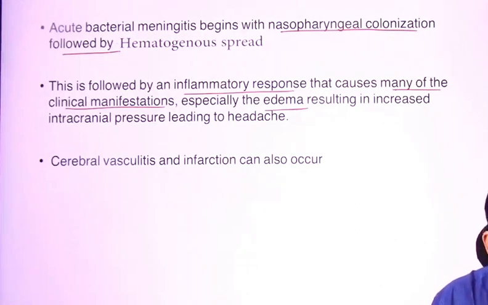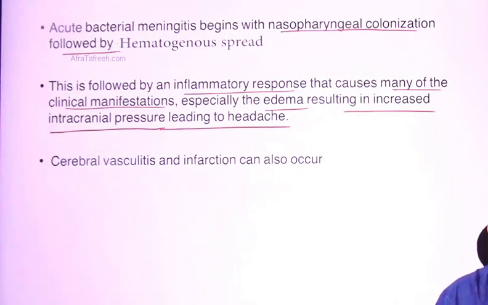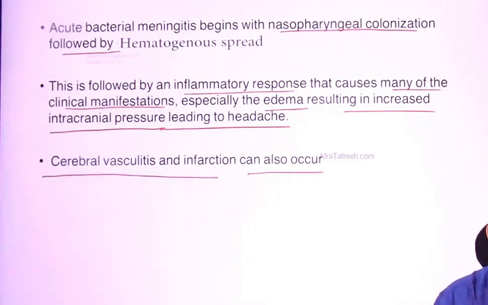Firstly inflammation happens, later on edema, resulting in increased intracranial pressure, and it can lead to headache, nausea, vomiting, projectile vomiting. Even cerebral vasculitis and infarction can occur in acute bacterial meningitis.